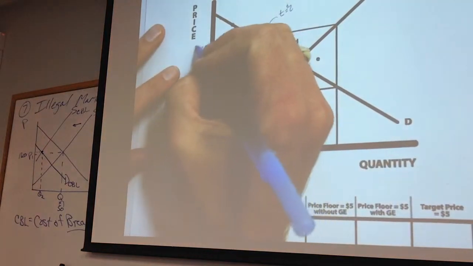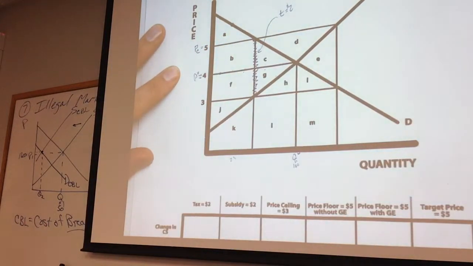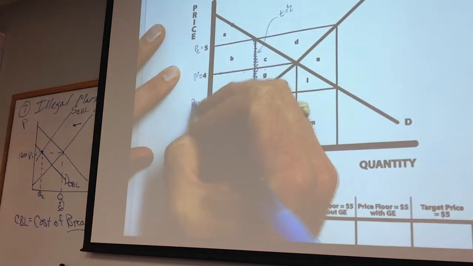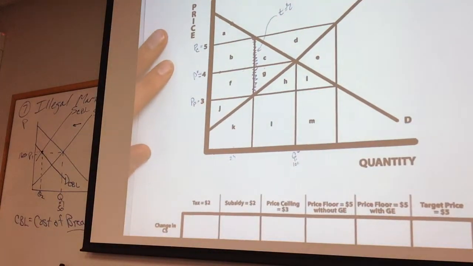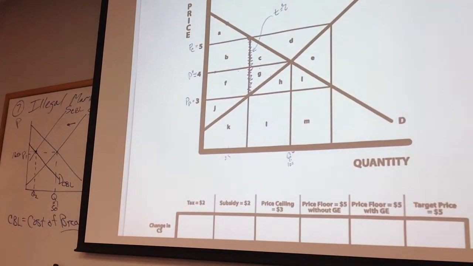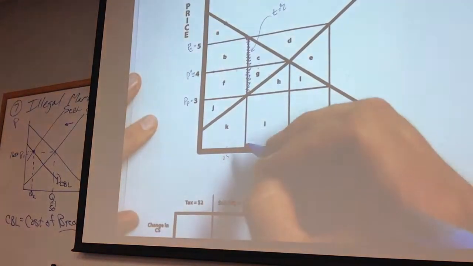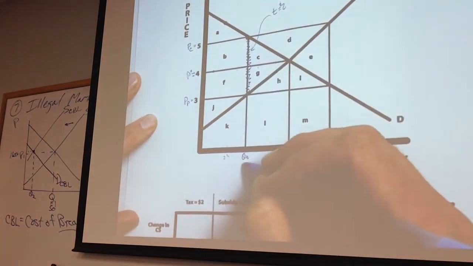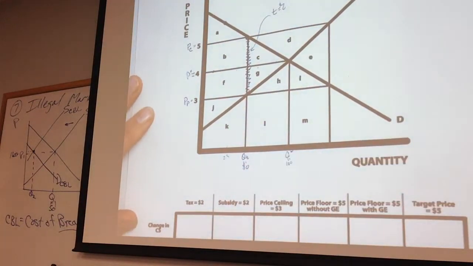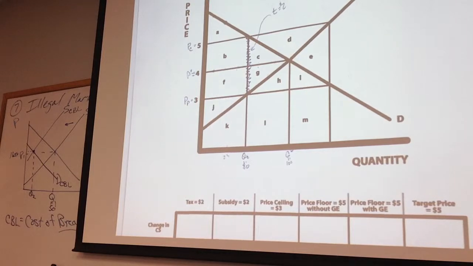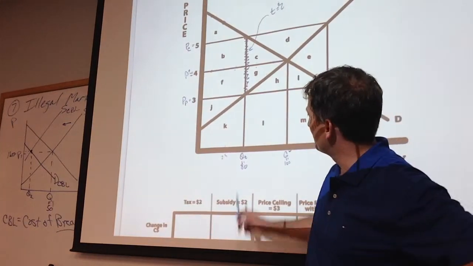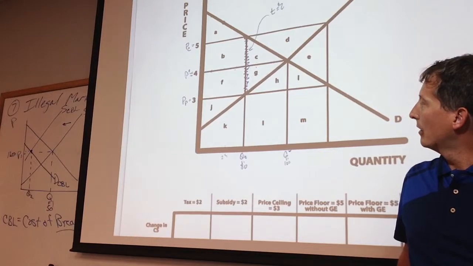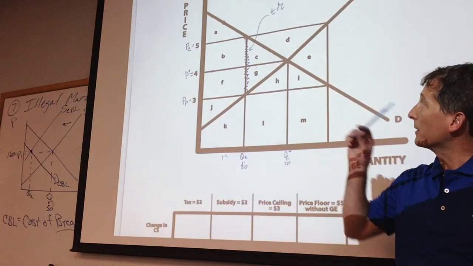So PC is $5, PP is $3. The consumer is going to spend $5 now to buy less product, because the quantity after the tax, QT, has fallen to, let's say, 80 units, even though that's not very proportional.